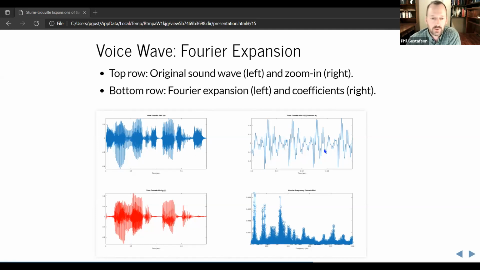And then on the bottom row in red is, in this case, a Fourier expansion. The vibrating string used sine waves for the eigenfunctions. In general, we'll use both sines and cosines in a Fourier expansion. And so this will be a Fourier expansion using sines and cosines of the original sound wave.